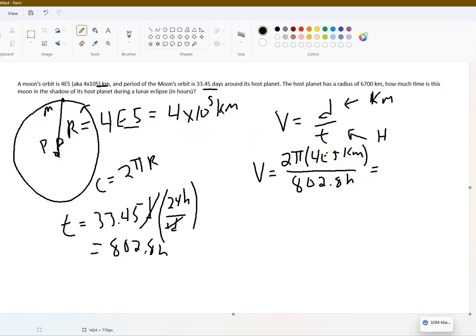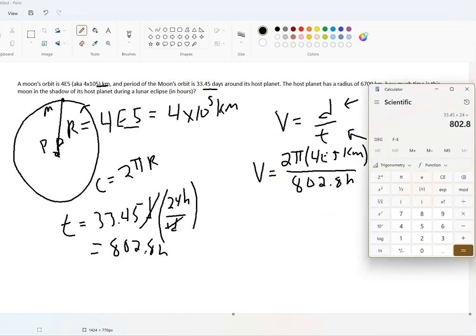So we have to figure out how fast the moon is traveling. Let's go back to this. It's going to be 2 times pi. If you have a scientific calculator, you hopefully have a pi button.